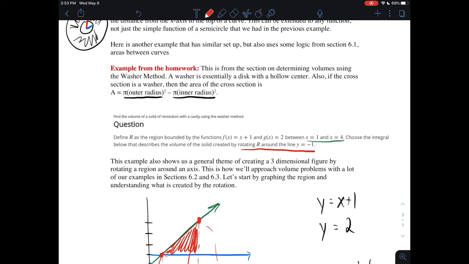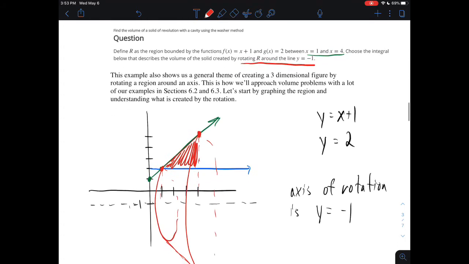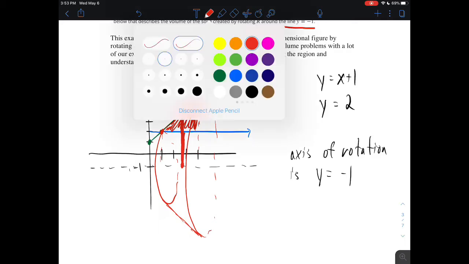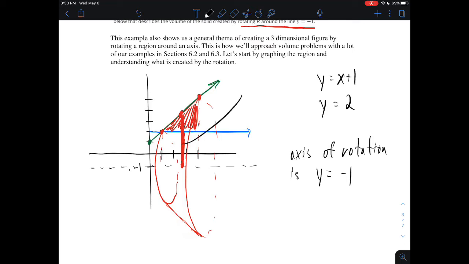Outer radius and inner radius. Outer radius would be, from our shape, the furthest point on the shape. How far is that to the axis of rotation? So there's my outer radius. And what we can notice is that's going to change, right?